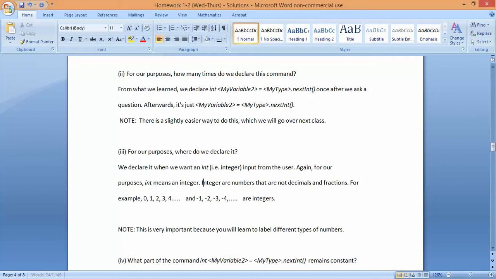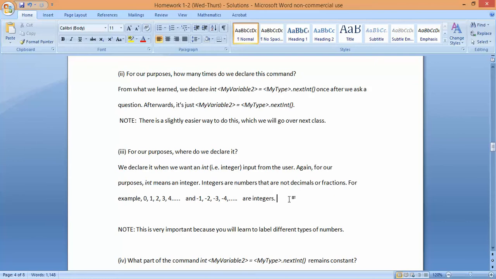Integers are numbers that are not decimals or fractions. For example, 0, 1, 2, 3, 4 are integers. -1, -2, -3, -4 are integers. It's a very important distinction.